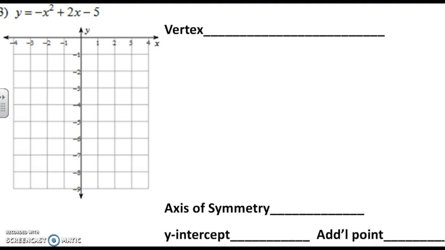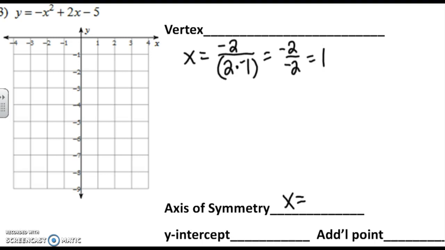So in this case, our A value, we're going to get our opposite of B is negative 2 over 2 times negative 1. So we get negative 2 over negative 2, and our axis of symmetry is going to be x equals 1. We're going to plug that in. So we get 1 here. We're going to plug in and find what is this y value.